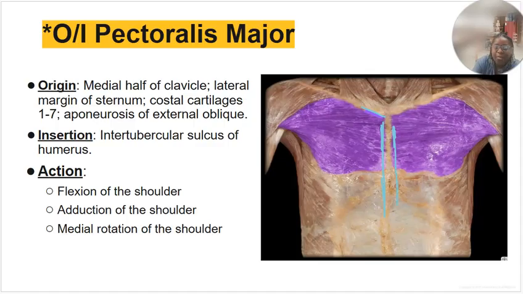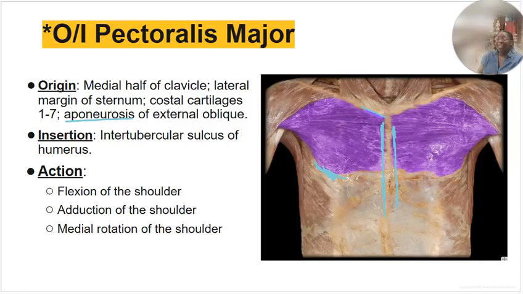And then the aponeurosis of the external oblique. All that means, aponeurosis just means this is a type of tendon. It's like a flat tendon. And so kind of that tissue that's helping keep the external oblique in place is also helping connect the pectoralis major.